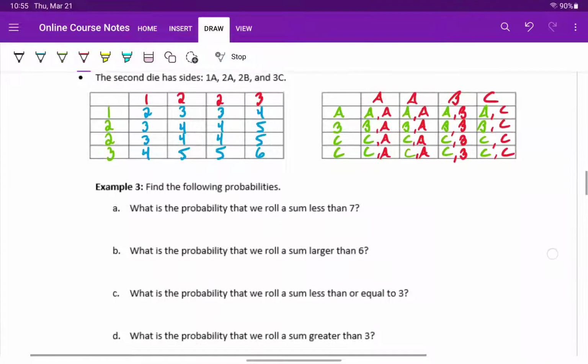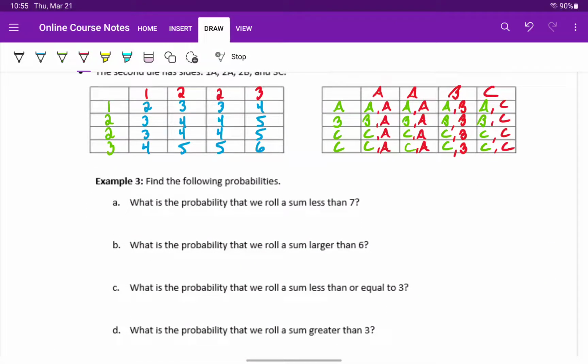Now we can look at calculating these probabilities. In part A, we want to know what's the probability that we roll a sum that is less than 7. First thing we want to do is determine how many different outcomes there are. So if all we're interested in is the number, we have a grid of 4 by 4 answers. So 4 times 4 would be 16, or we could count those up. So we have 16 possible outcomes.